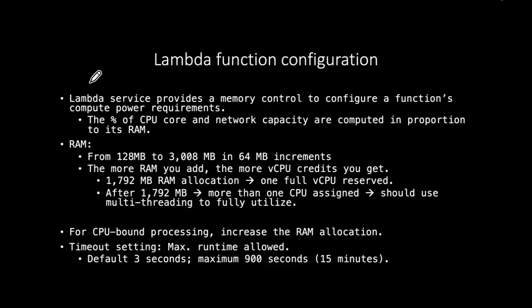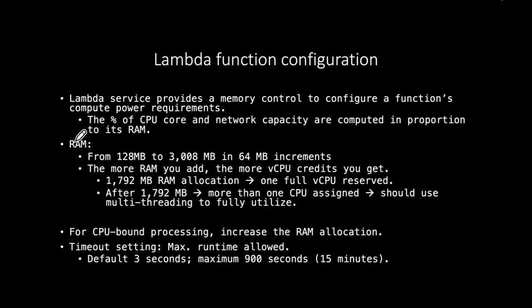And based on the amount of RAM you ask to have provisioned for your Lambda function, that determines how much virtual CPU power it needs and what kind of networking capacity it needs. It's proportional to the amount of RAM. So RAM, in a way, is a way of indicating how much runtime power it needs in order to execute.